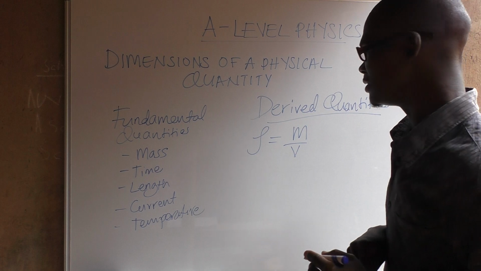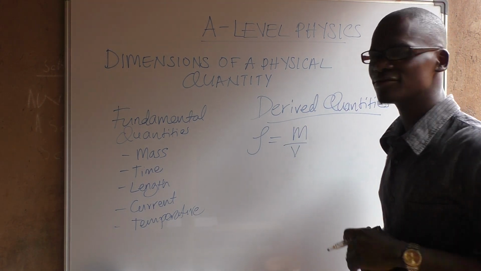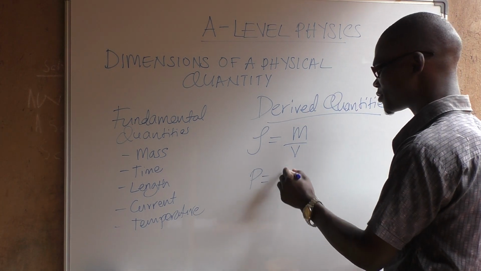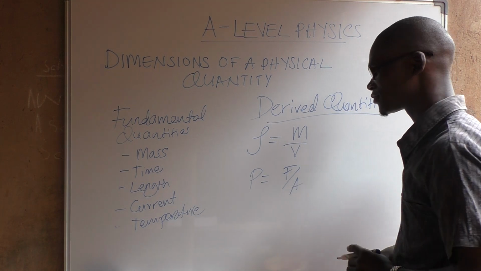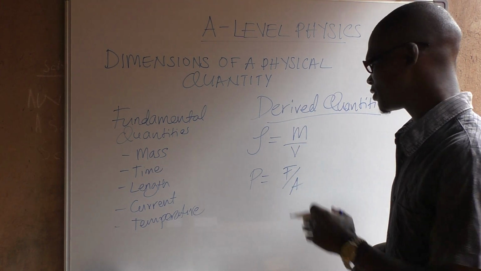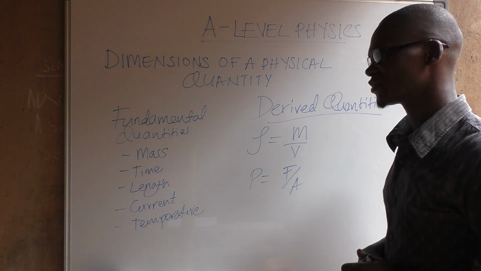That means density is derived from mass and volume. Pressure equals force over area. So pressure is derived from force and area, among others.